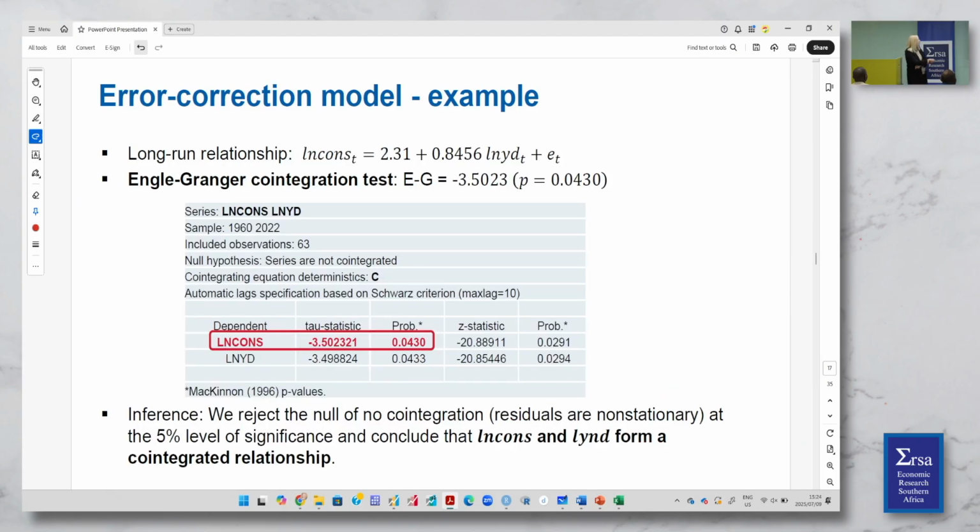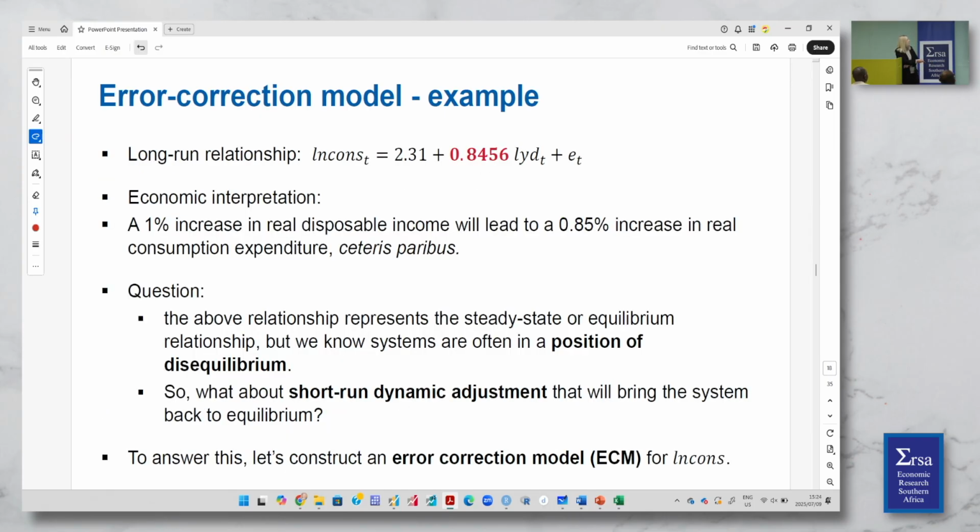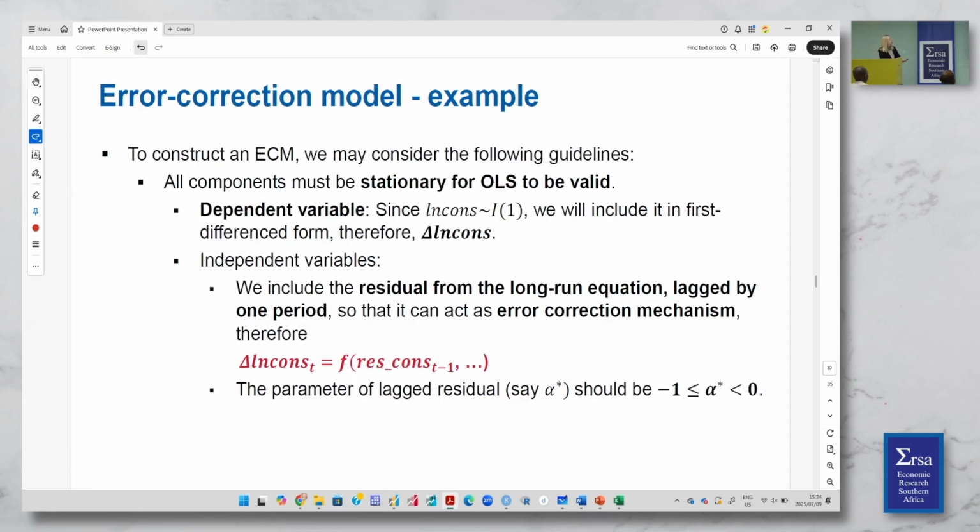Once we have proven co-integration, and in this case we reject the null of no co-integration at the 5% level, we can interpret to see if it makes sense. So now we can ask, what about short-run adjustment? And that is where we go ahead and build an error correction model.